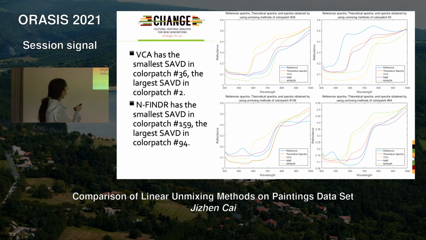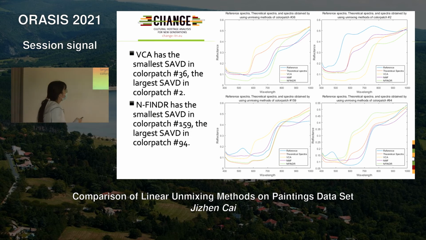So in other words, the SAVD is a metric to evaluate the performance of estimating the abundance of each color patch.